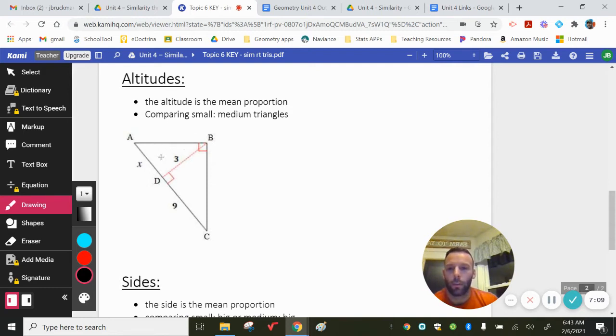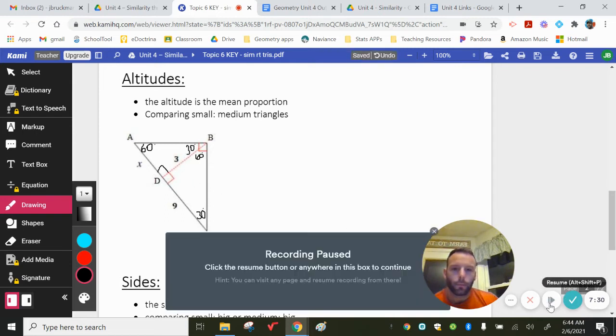And to do that, I like to match up congruent angles. So when I compare the measure of angle A to the measure of angle C, I think angle A is a little bigger than C. So I'm going to call angle A a 60-degree angle, and I'm going to call angle C a 30-degree angle. And now I'll go ahead and figure out all the other angles that are in here.